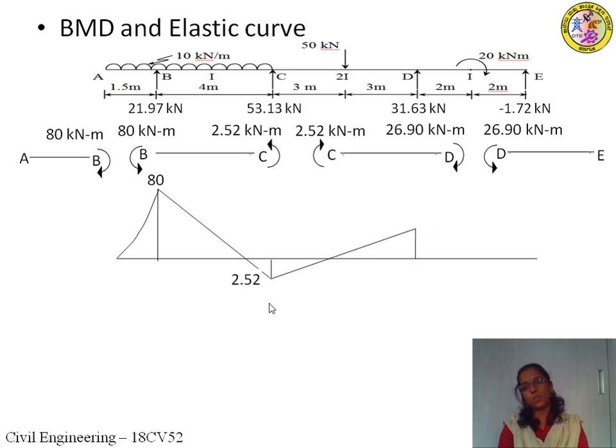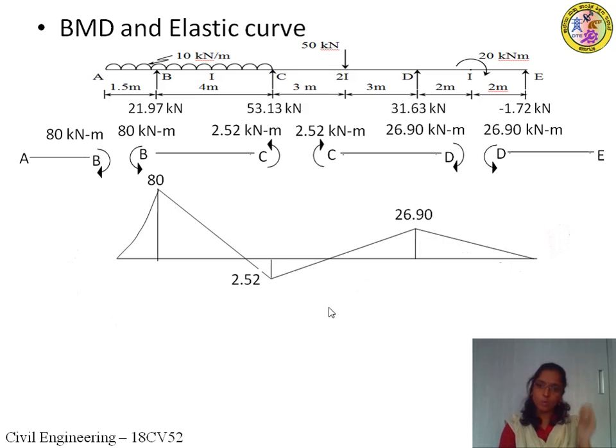Okay, so this is the support moments for CD member. Next, for DE member, D is the left hand. At left hand, left thumb is moving in the upward direction, so the same point of 26.9 can be taken. And at E, the support moment is 0, so join from plus 26.9 to 0.